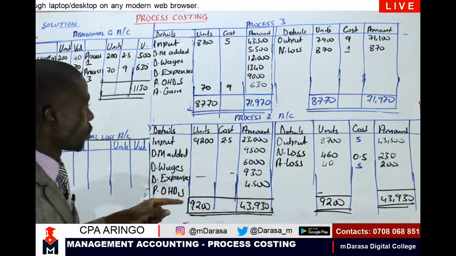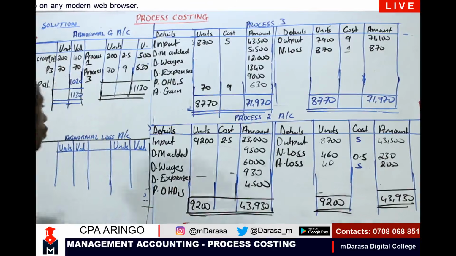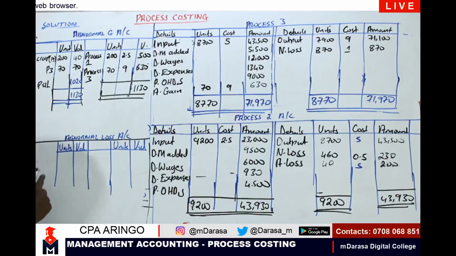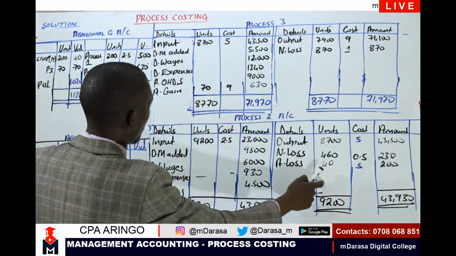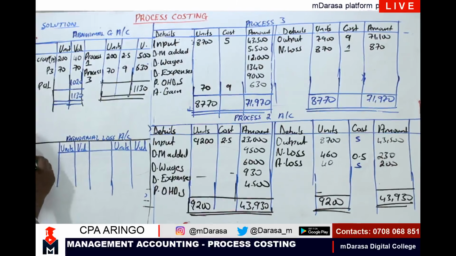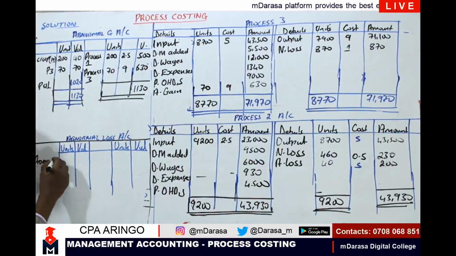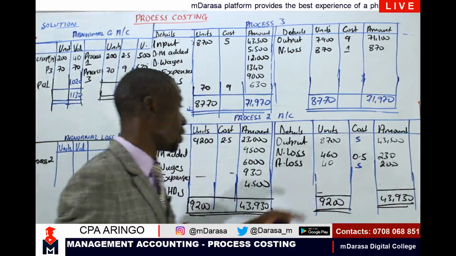For abnormal loss, we only had abnormal loss in process 2. First of all, I'm going to debit our abnormal loss account, and we've credited here. This was process 2. How many units are we talking about? 40.